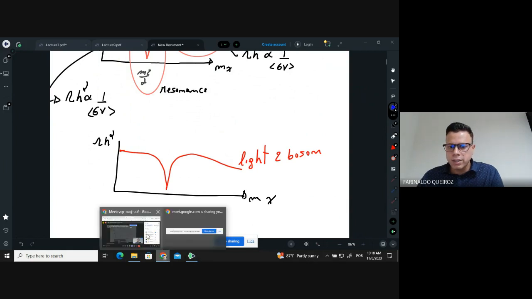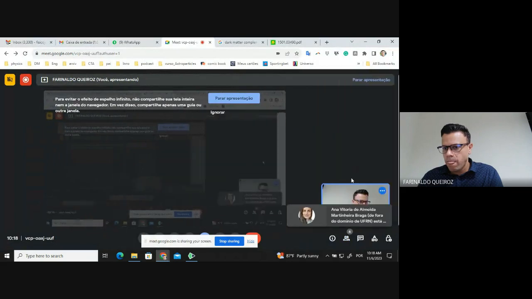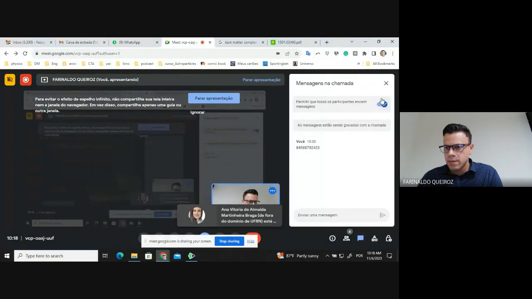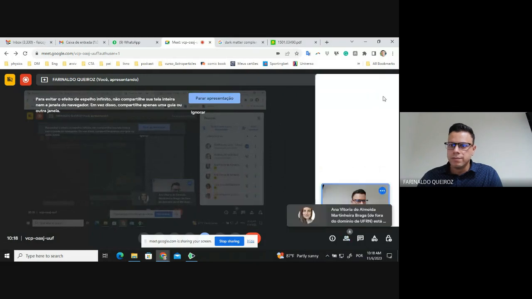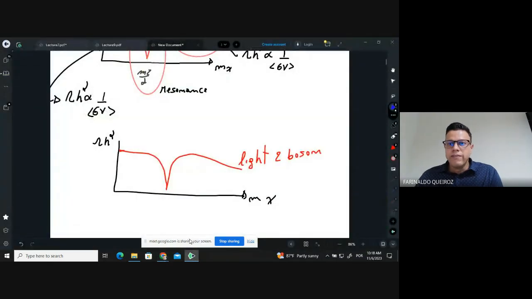Someone asked the question? Okay, no. If the Z boson was very heavy, there are two things that happen in this plot. So let's think of this.